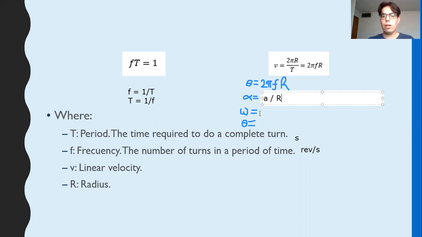And for angular velocity, you just divide regular velocity by the radius. And for the angular displacement, you just divide regular displacement, it can be d, for example, by the radius. So it is really easy to do the transformation between one and another.